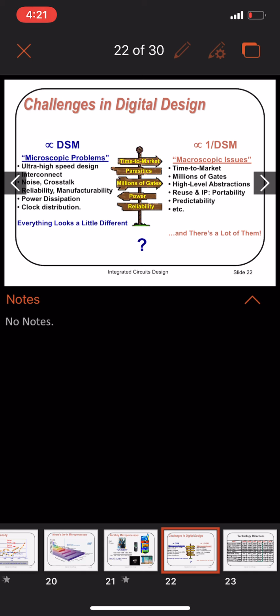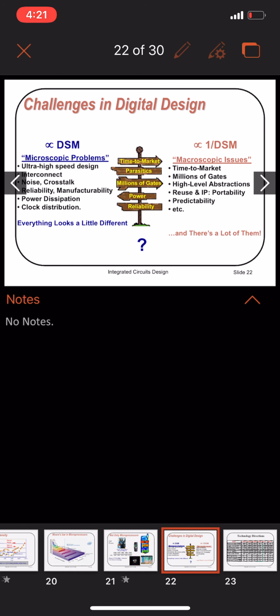So here are some challenges in digital design. DSM stands for Deep Submicron Technologies. Here we have some microscopic problems and some macroscopic problems.